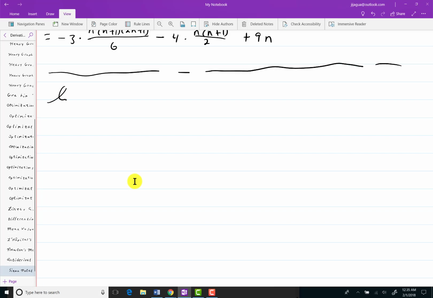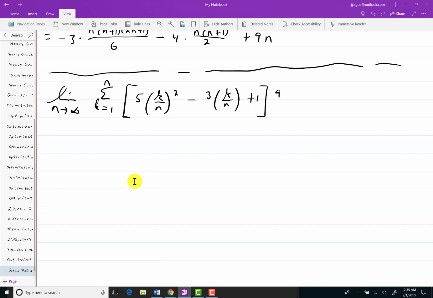The limit, as n goes to infinity, the summation k equals 1 to n, 5 times k over n squared minus 3 times k over n plus 1, and all this stuff is multiplied by 9 over n.